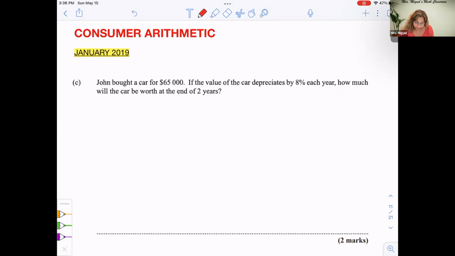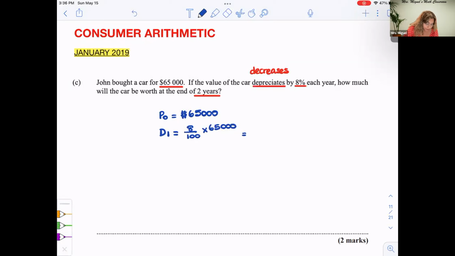All right, let's go. John bought a car for 65,000. The car depreciates, so it decreases by 8%. How much will it be worth in 2 years? P naught is the initial value of the car, 65,000. P1 is the first depreciation, 8% of 65,000, $5,200.